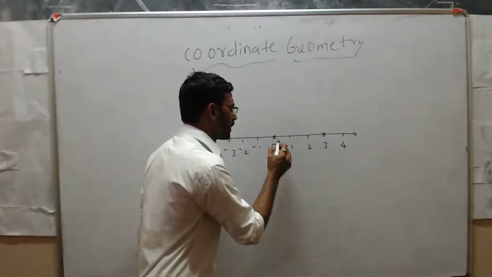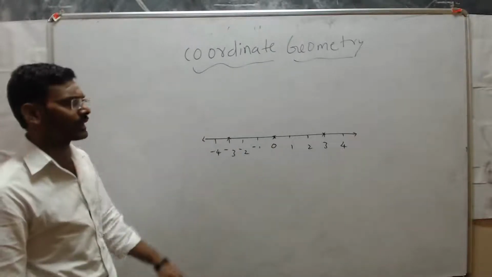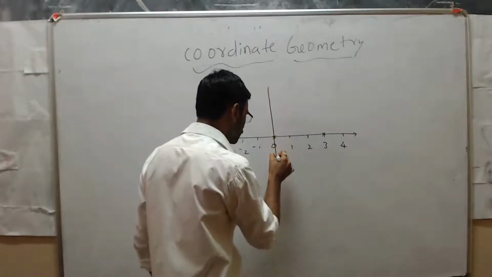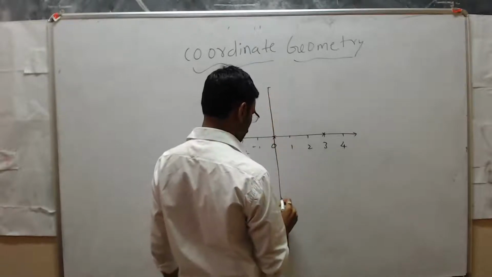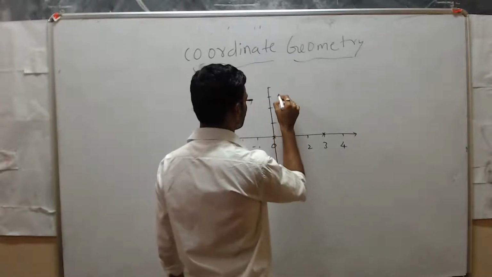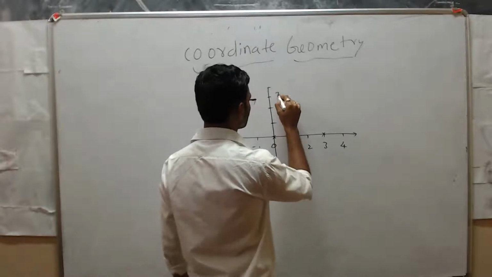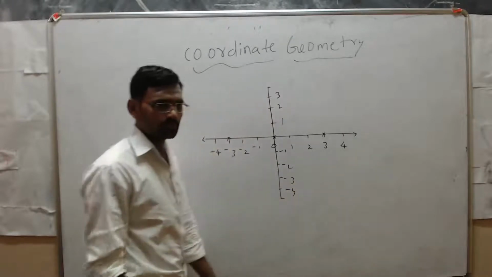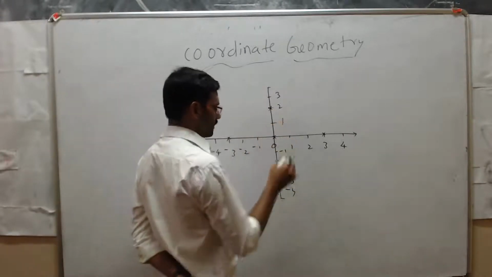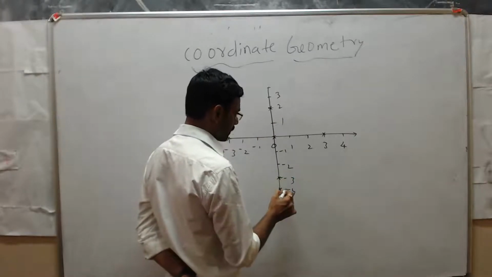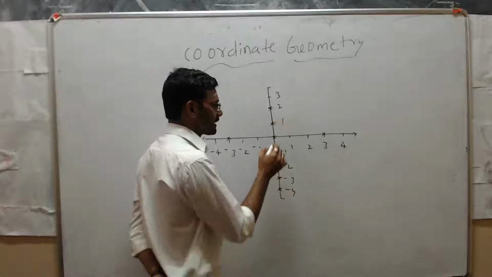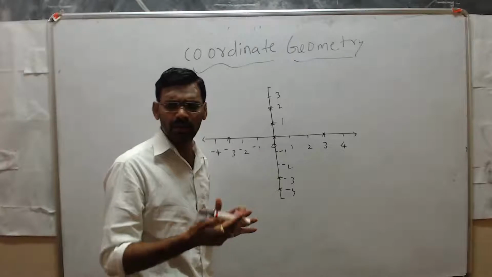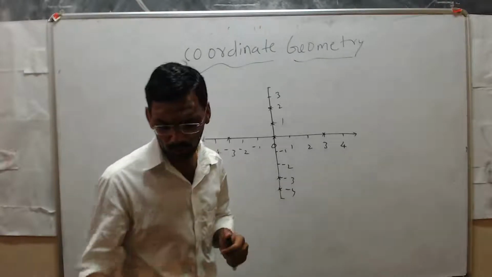Zero is here. Again here, plus 2 is here, minus 3 is here, minus 4 is here, plus 1 is here, and 0 is here only. How to locate a point on a straight line, you know already.